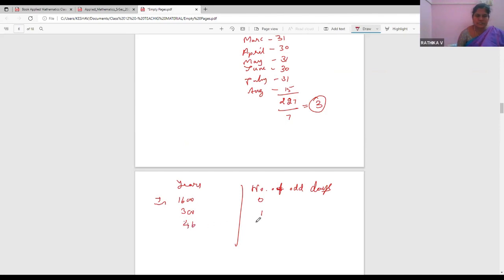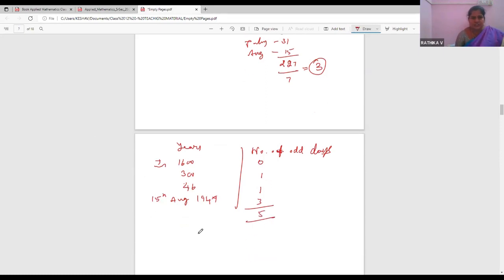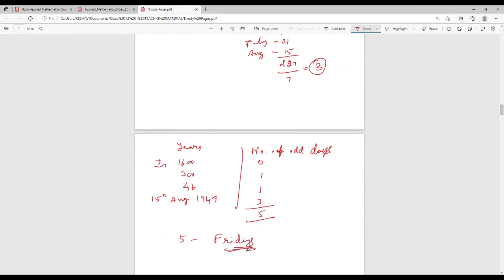For 46 years, 1 odd day. For 15th August 1947, we get 3 odd days. So totally it comes to 5. The number 5 we are decoding, and 5 is assigned for Friday. So Friday is the answer.